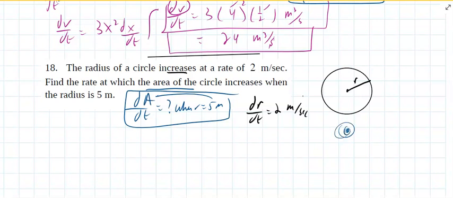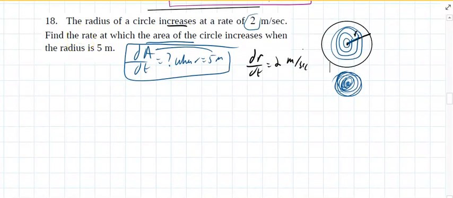As you move outwards, it's going to slow down, because if the radius is growing at a rate of 2 meters per second, the circles are created very fast in the beginning. As they get bigger and bigger, you're going to slow down on how fast they expand, because the radius is changing at a fixed rate.